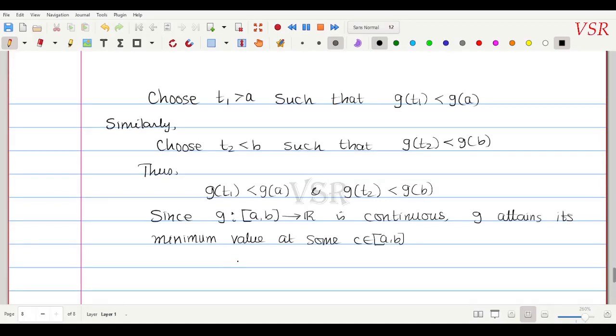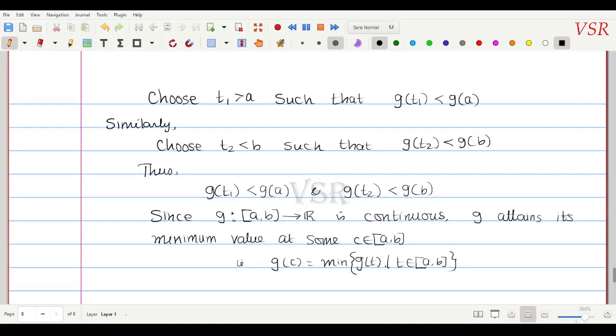That is, g of c is equal to the minimum of g of t where t belongs to the closed interval [a, b].